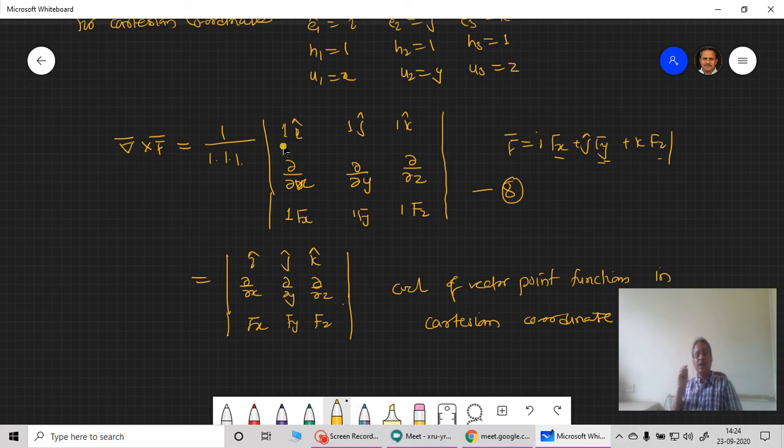Remember, in the Cartesian coordinate system, we have been using this for several years. Since you are in TYBSc, for at least the last 7-8 years you have been using these Cartesian coordinates, these operators, determinants and vector operations, and they are known to you. So whatever is given by the theory of the curvilinear coordinate system is completely applicable to the Cartesian coordinate system.